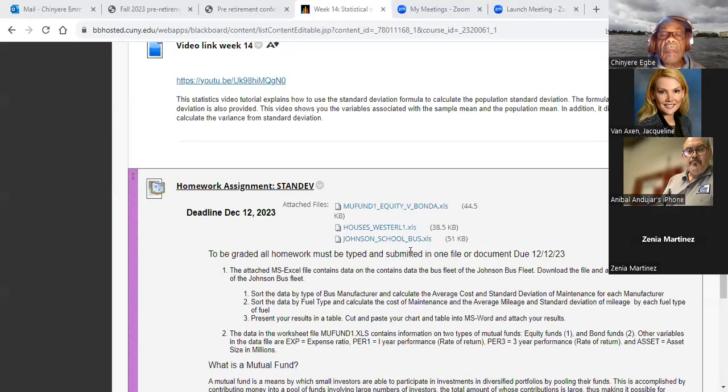I'm going to now use the Excel function to solve the problem. That way we kill two birds with one stone. It says: download the file, sort the data by manufacturer, and calculate the average cost and standard deviation of maintenance.